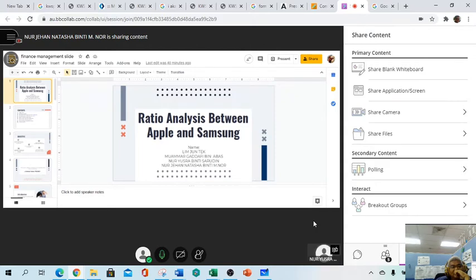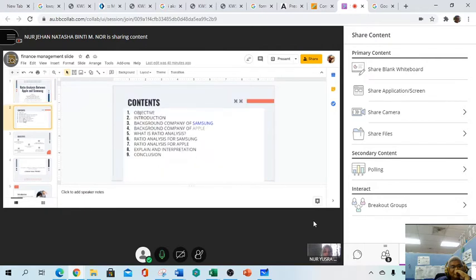Next slide. The content in our slide contains the objective, where we will explain our objective of doing the slide and our assignment, and an introduction, a brief introduction about why we chose to do this.